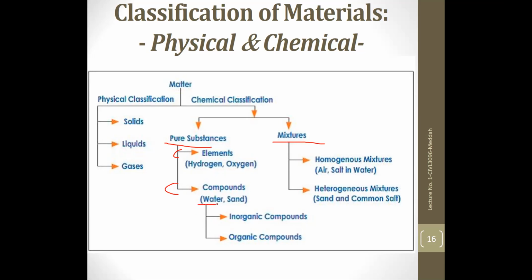So, of course, water is formed by hydrogen and oxygen, H2O. So this is water. It looks like pure substance, but in fact it is a compound one. It is formed by two molecules of hydrogen and one molecule of oxygen. But when you look at the material itself, it looks like a pure one.